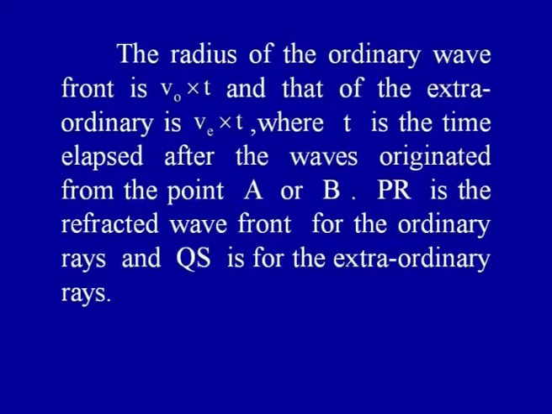The radius of the ordinary wavefront is VO times T, that of the extraordinary is VE times T, where T is the time elapsed after the waves originated from the point A or B. PR is the refracted wavefront for the ordinary rays, QS is for the extraordinary.